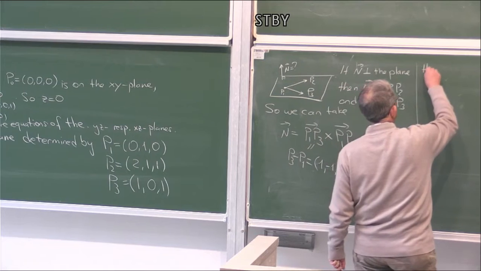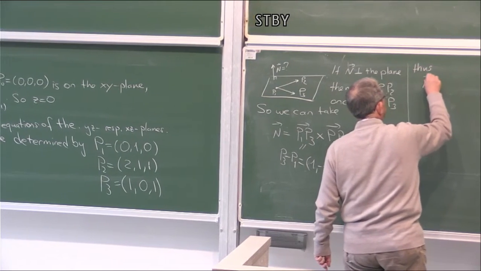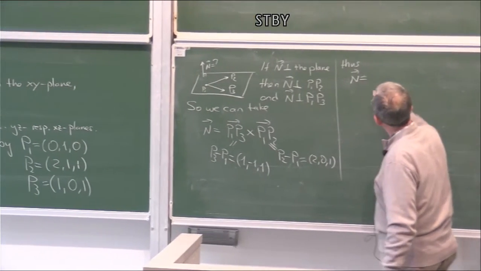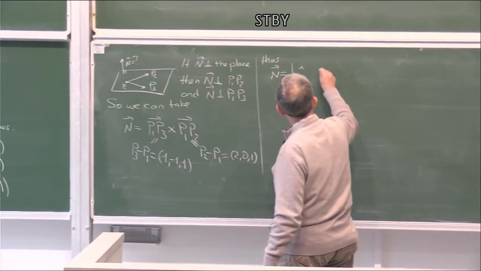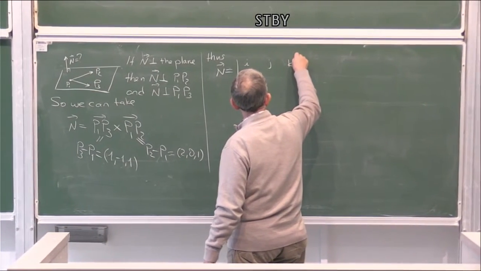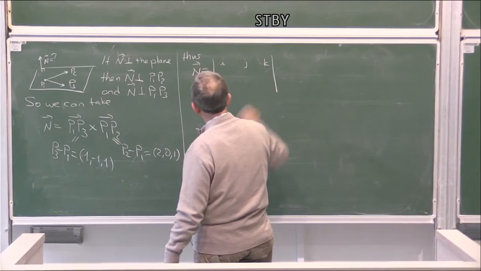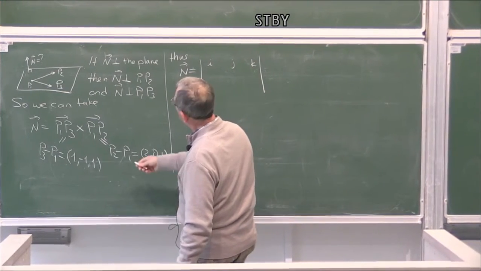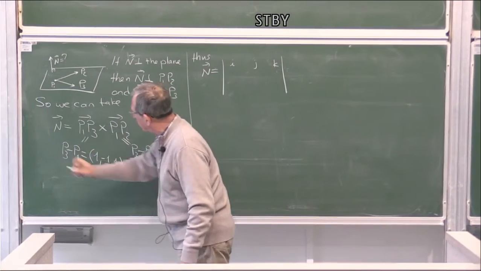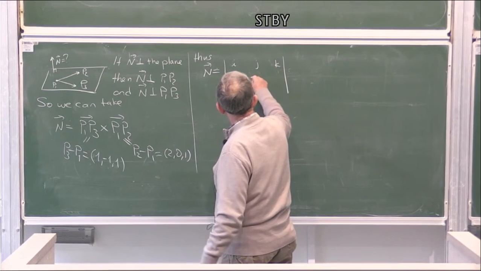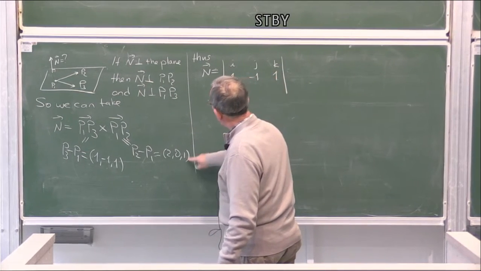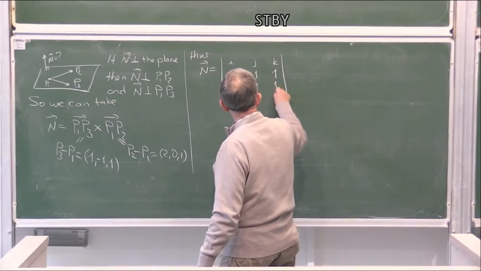Thus, n can be taken as the determinant of i, j, k. We are taking the cross product. So I put here P1, P3 first. So it is 1, minus 1, 1, and 2, 0, 1.